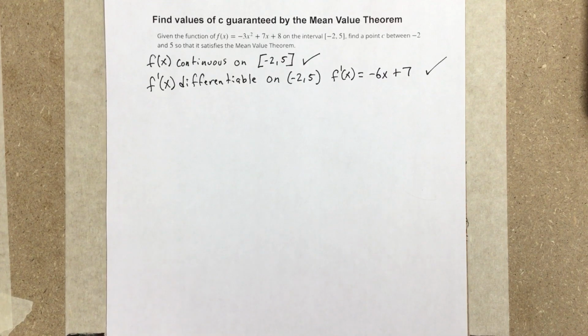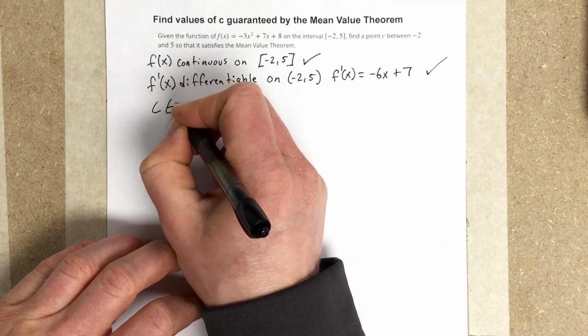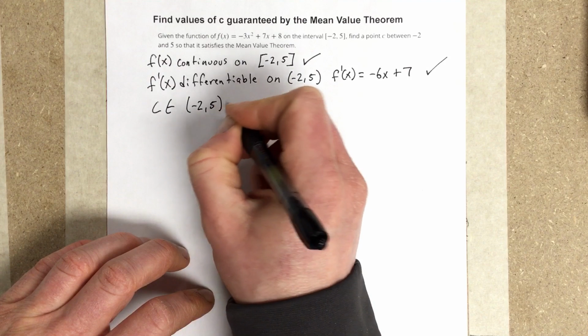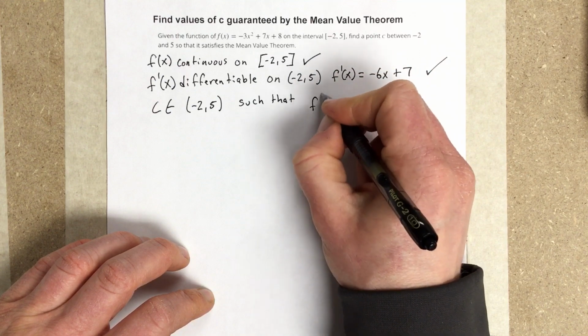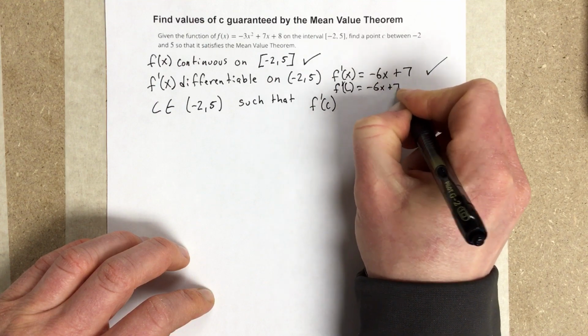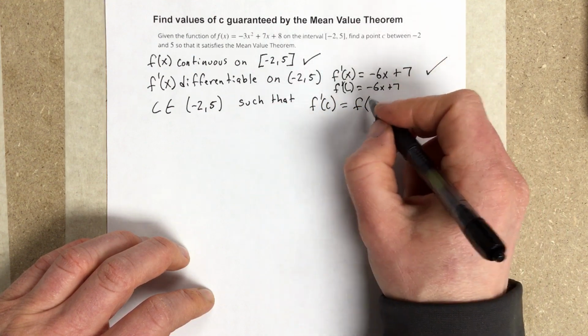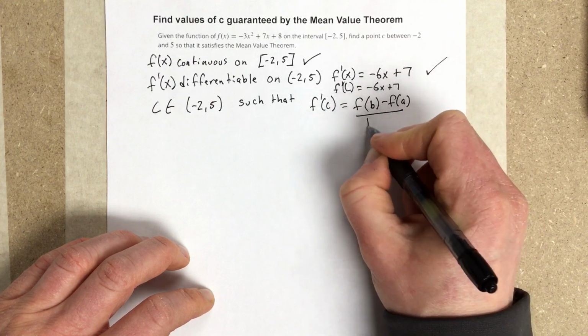So now that we've looked at both of those things, if we're going to use the mean value theorem, we have to say that we know there is a value c that's an element of (a, b), so negative 2, 5, such that f prime of c, which if I write f prime of c here would be negative 6x plus 7, is equal to f of b minus f of a all over b minus a.